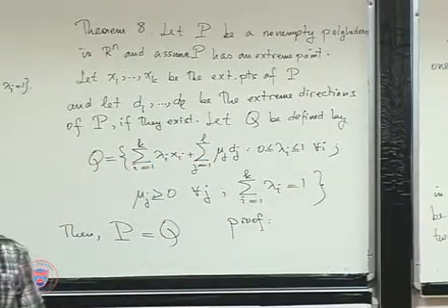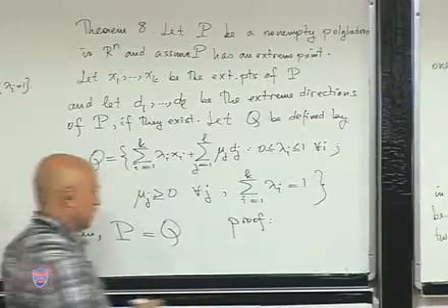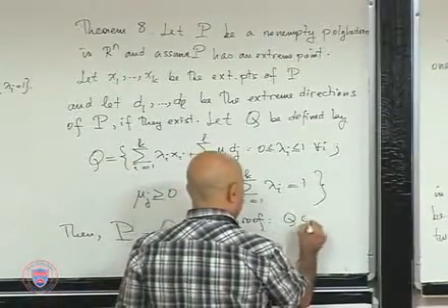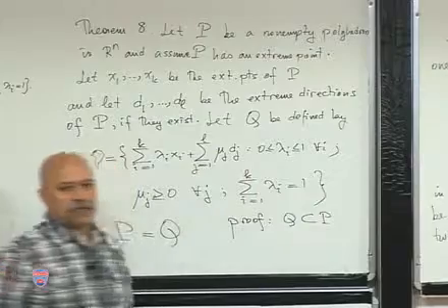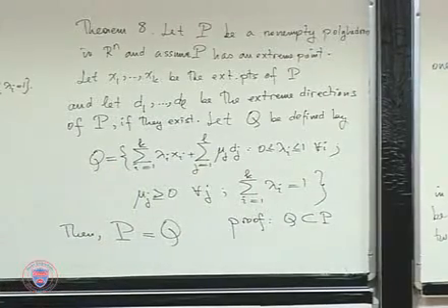The proof, I'm going to omit the proof, but which part is trivial in your judgment? Q subset of P. Yes. Q subset of P is trivial. Why is that trivial?